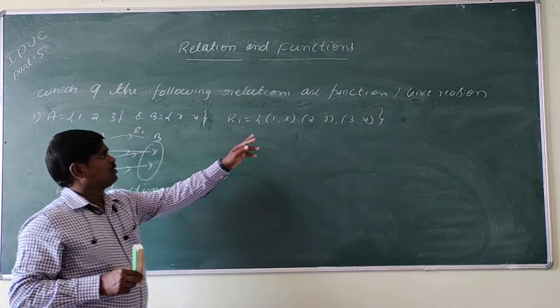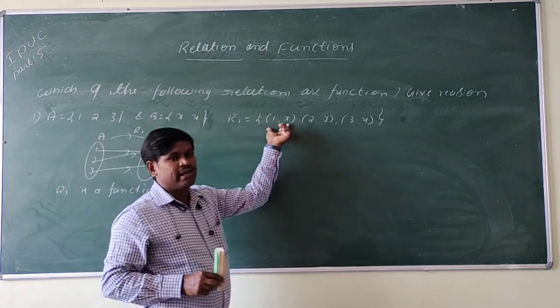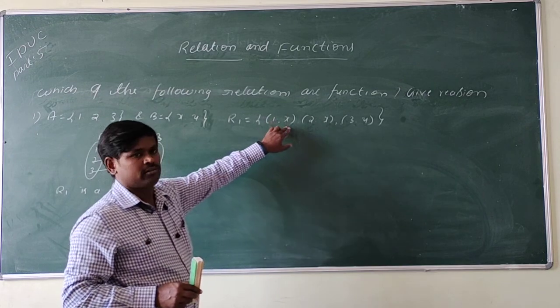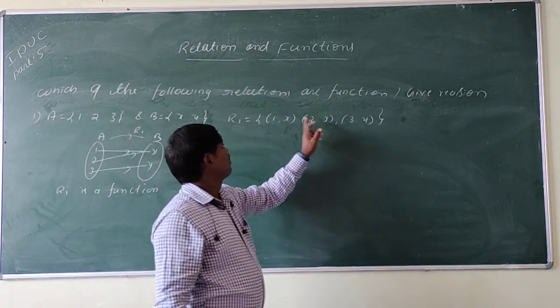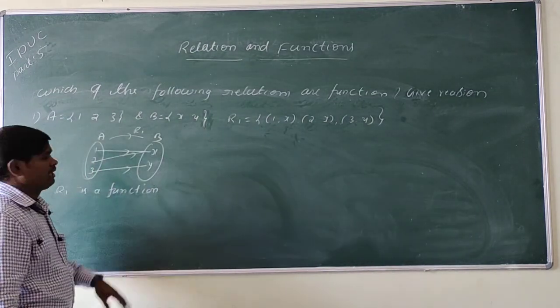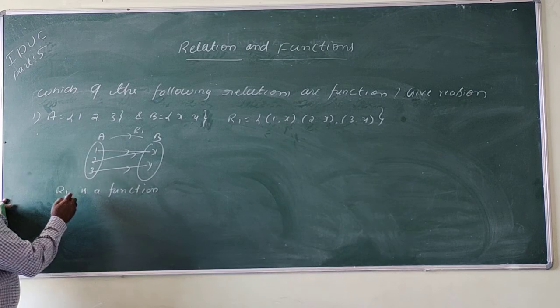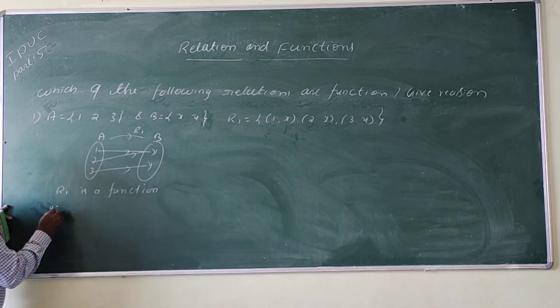So (1, x) belongs to R means 1 is related with x, yes. (2, x) belongs to R means element 2 is related with x, yes. So R1 is a function. What's the reason?